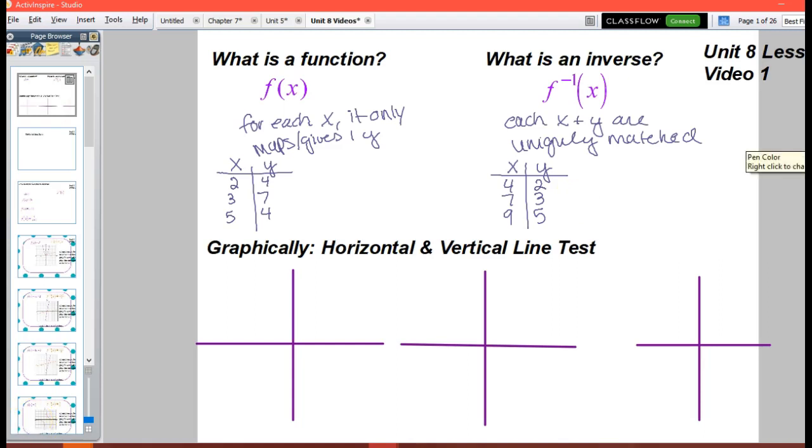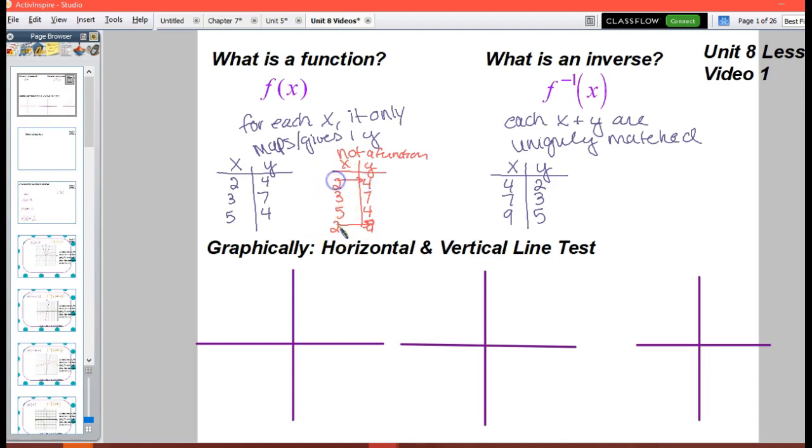It might also be helpful when it comes to being a function, and again, this is kind of a Math 2 topic, but just think about what's not a function. So I would put an xy table here and say 2 goes to 4, 3 goes to 7, 5 goes to 4. We know that's okay. But if I put 2 to 7 here, or to any number really, even if it was 8, this 2 is going to 8, and this 2 is going to 4.